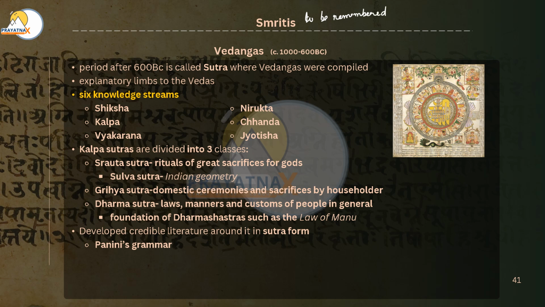Now, this means it is a text which is dynamic in nature and not eternal like the Shruti, and it is basically a supplementary text.